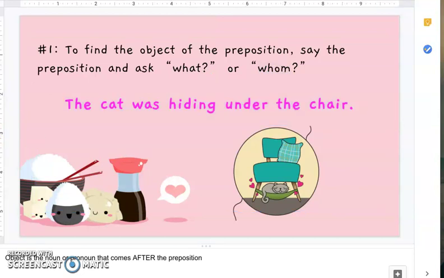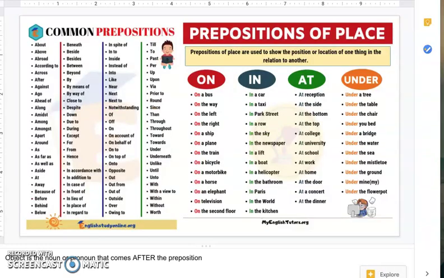Well, first let's find the subject. What is the simple subject in this sentence? If you said cat, you are correct. Now, what's the complete verb? The complete verb is was hiding. Now let's look for the preposition. If you need to go back to this list, let me know once you find the preposition.